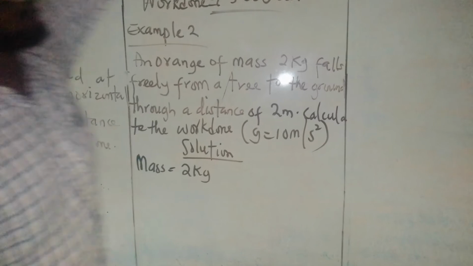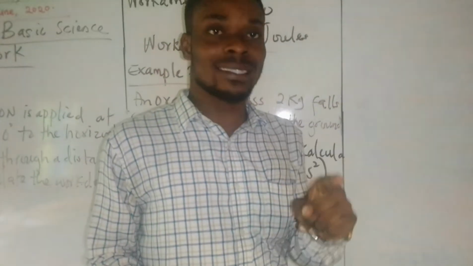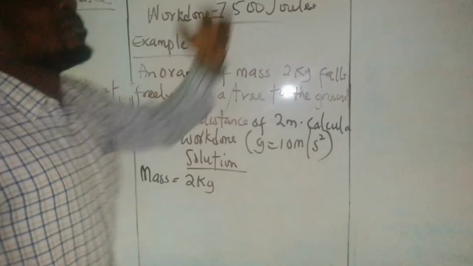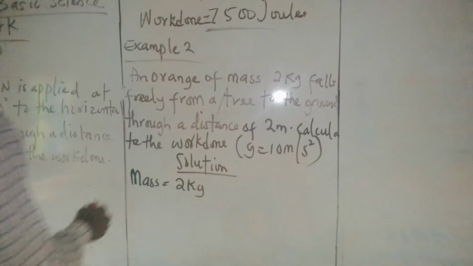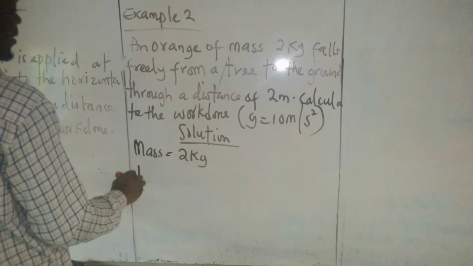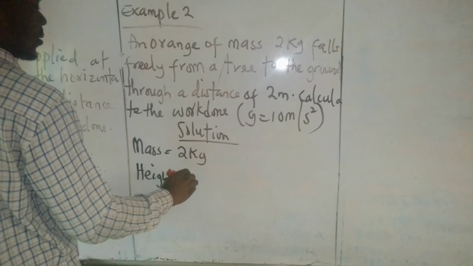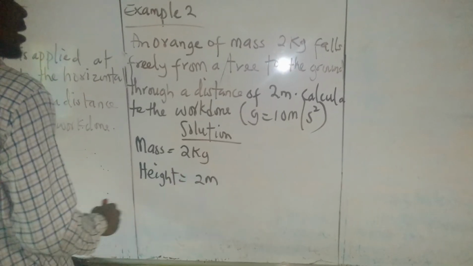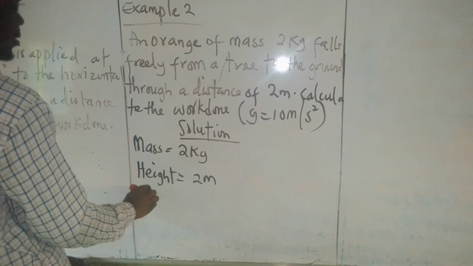The distance here is a vertical distance, meaning it's falling from the top. Please note that. Vertical means that it's falling from the top. So you can call it height. So vertical distance, 2 meters. G, that's the gravity.